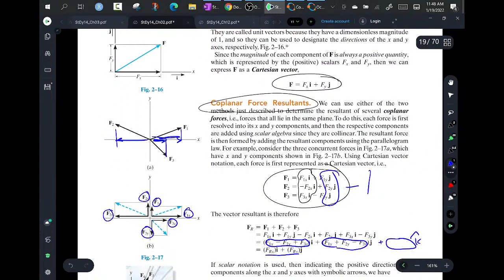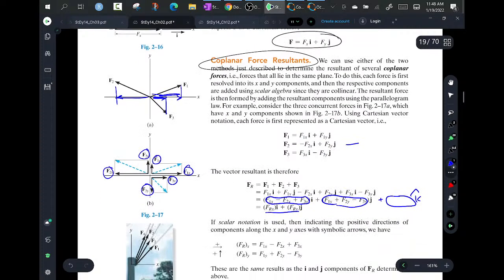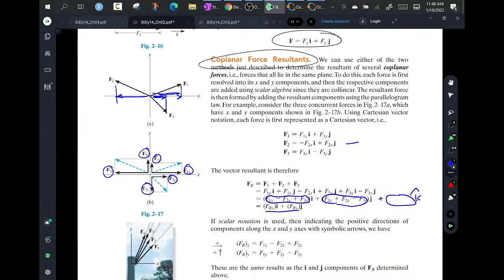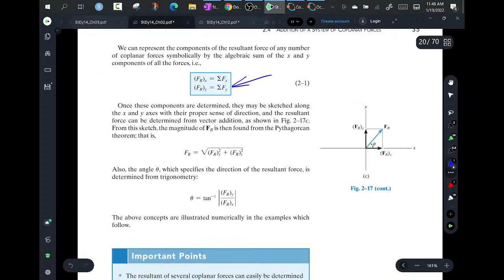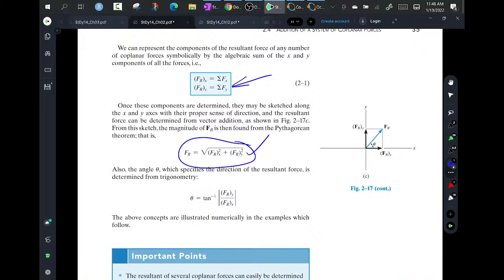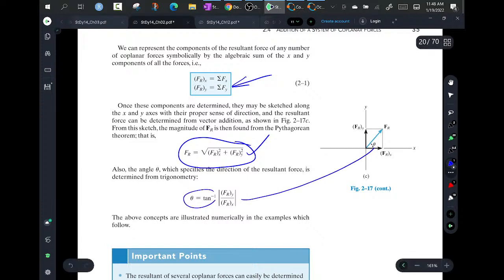We get down to here, and you already know how to add these. We talked about that 5 or 6 seconds ago, and that's all you do. Then, once you get all those, you can find the resultant value by squaring and then taking the square root, and then you can find your angle. You can do a tangent, but you can also do a sine or a cosine, an arc sine or arc cosine, whichever you want.